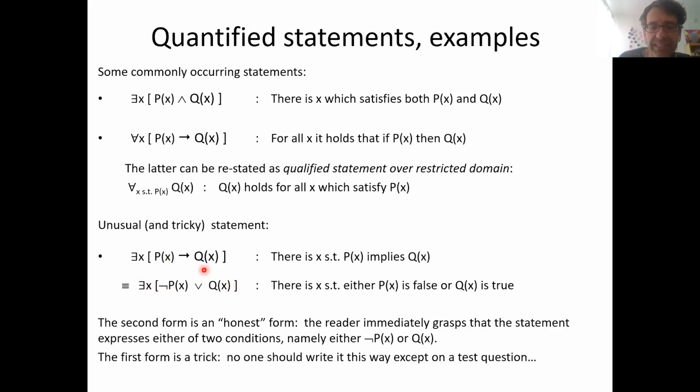But expressing them in this way, it's equivalent, but just tricky. People don't read it off naturally. They often forget that an implication is true if the antecedent is false. They forget about this case, and basically, it's a tricky way to state this.